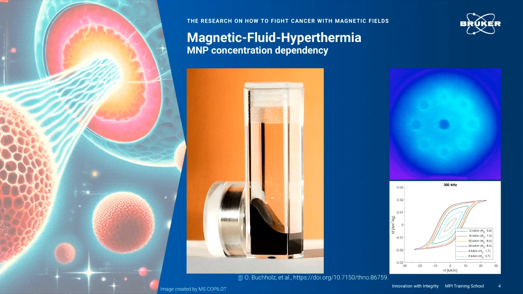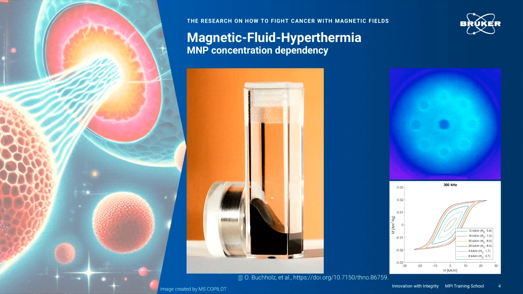And normally we want to be efficient and get rid of this, but in magnetic fluid hypothermia we are exactly exploiting this area under the curve as it translates. The particles absorb the energy and transfer this energy into thermal energy.